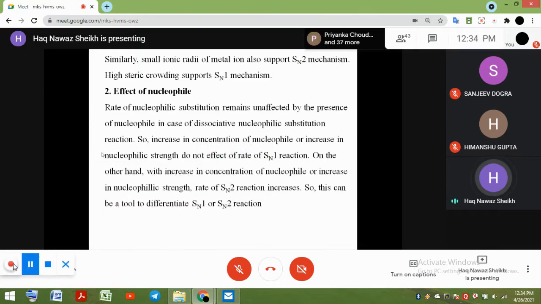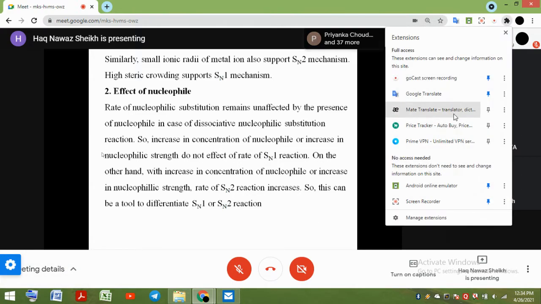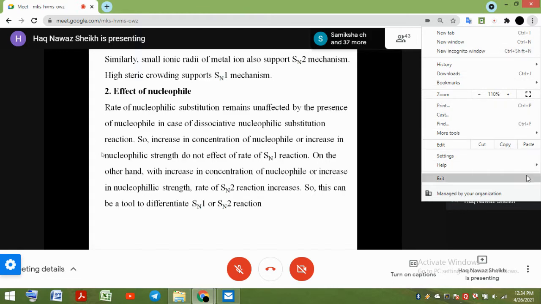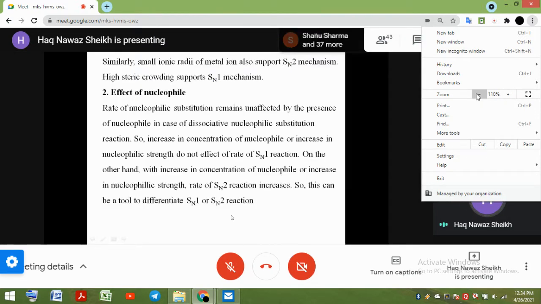However, if the rate of the reaction changes with the concentration or nature of the nucleophile, then the reaction is following an SN2 mechanism. So this is another impact.